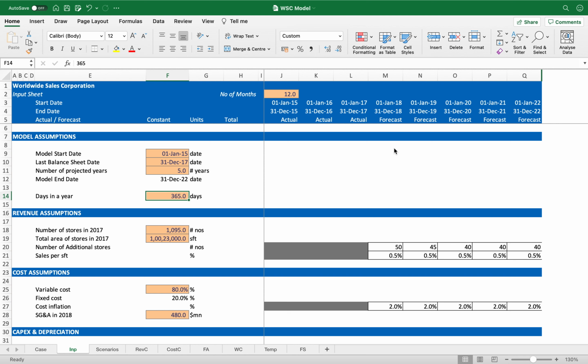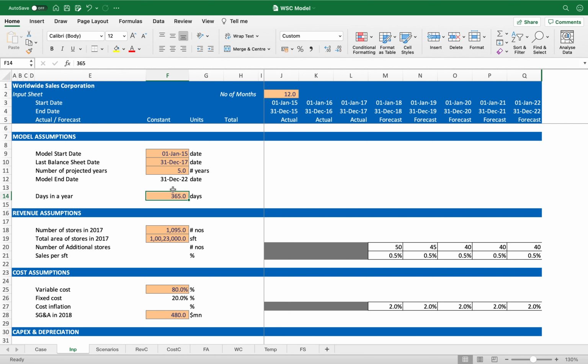Now I want to do my computations taking in mind 365 days in a year. So how should I do it? I write it here once, 365 days, right? So days in a year is 365. Now, where can I see the name of this cell? Be very, very attentive here, guys. This is something very important and very essential for financial modeling.